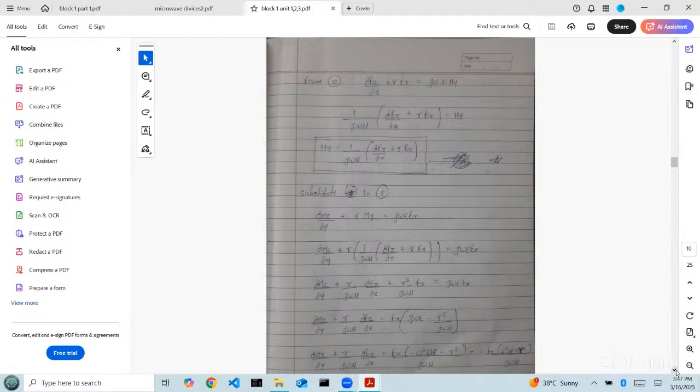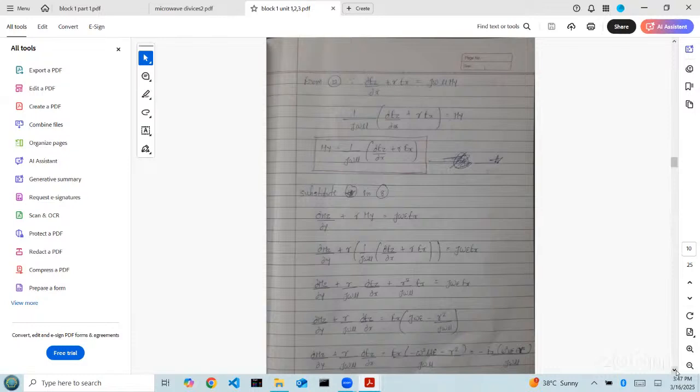What is the second equation of 3.5? Minus dou E by dou Z, minus dou Z by dou X minus gamma times of EX equals minus j omega mu Hy. All minuses are cancelled. You will get the complete equation in terms of plus.